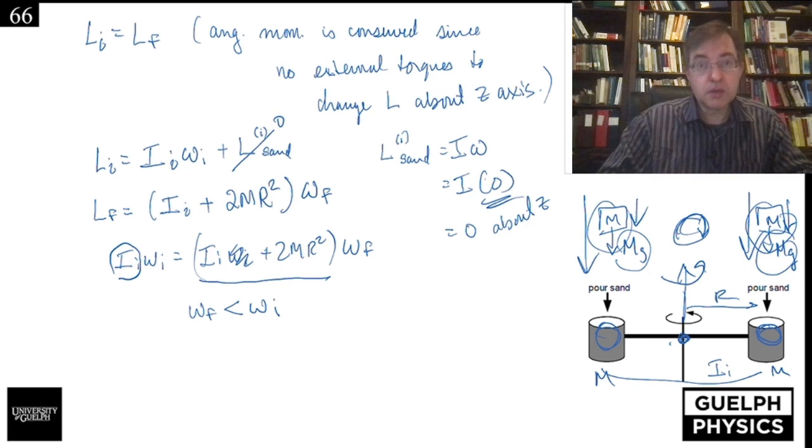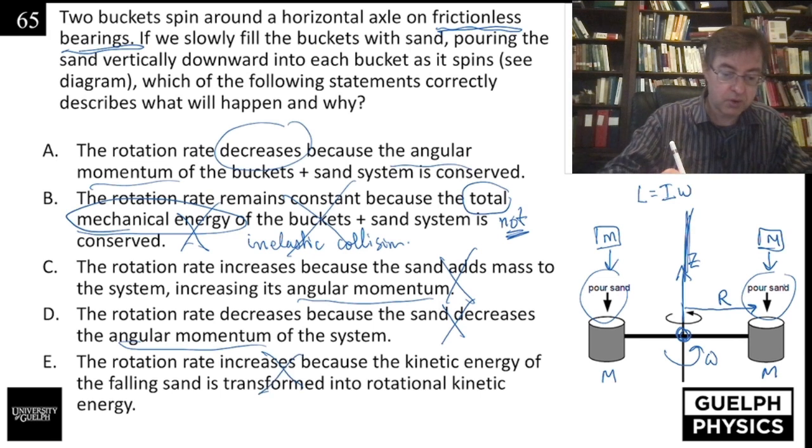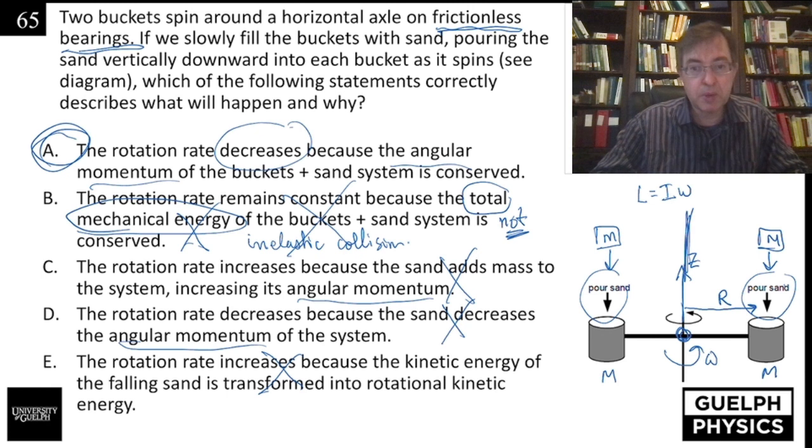So the conclusion is that this system actually slows down. This is just like the situation where I was on this rotating thing and I got these two masses. So the rotation rate doesn't increase, so E is wrong, but it does decrease, and it decreases because the angular momentum of the buckets and the sand system is conserved.